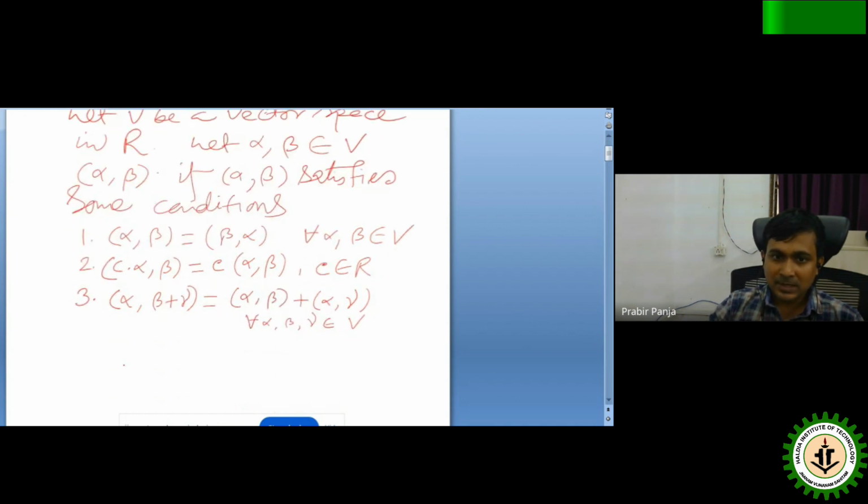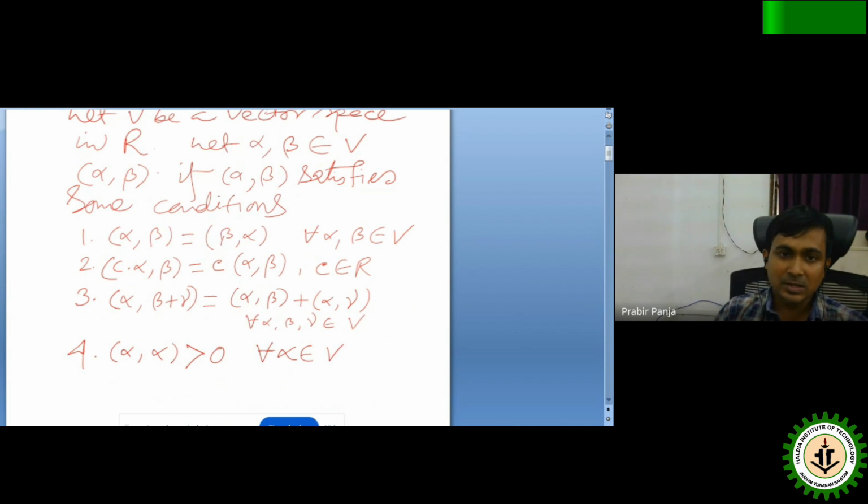Now we have another condition for real inner product space, that is alpha comma alpha greater than 0 for all nonzero alpha belonging to V. Okay.